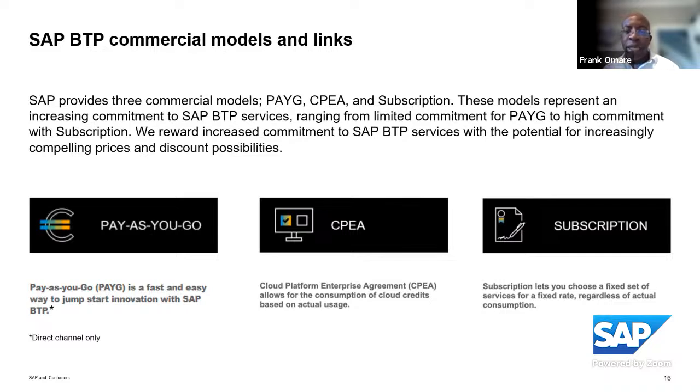CPA, Cloud Platform Enterprise Agreement, allows the consumption of cloud credits based on your actual usage, and subscription is typically what you would associate with Ariba in terms of fixed price over a period of time. Okay, so various commercial models to suit the need of the organization and also where they are in terms of their procurement transformation journey.